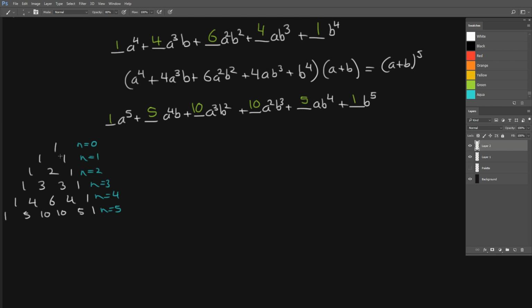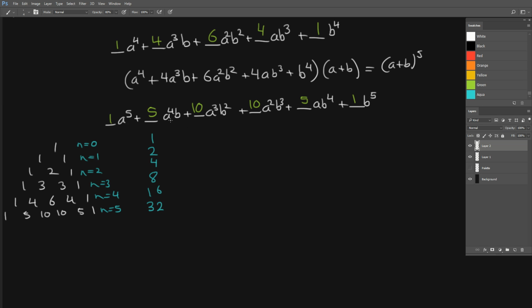So the top row, pretty simple, is just 1. The second row, 1 plus 1, is 2. Then the n equals 2 row, 1 plus 2 plus 1 is 4. 1 plus 3 plus 3 plus 1 is 8. And if you add up the rest, you'll see that we get 16 and 32.